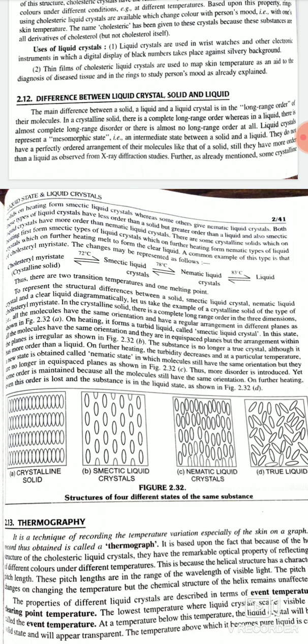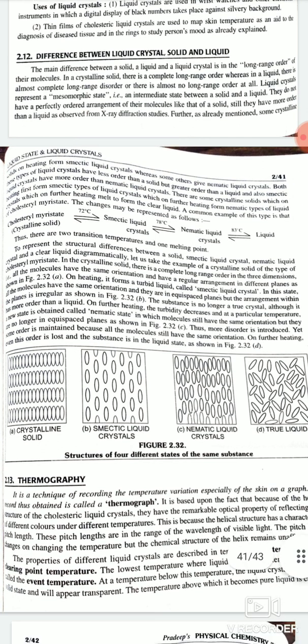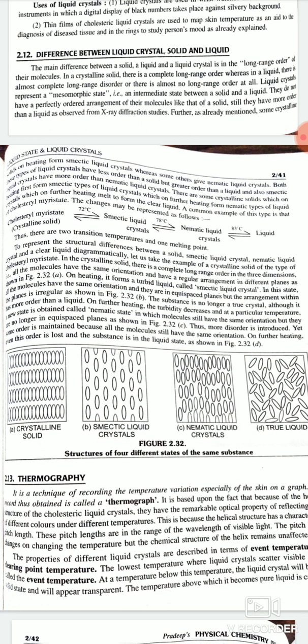On heating, it forms a turbid liquid called smectic liquid crystal. In this state, all the molecules have the same orientation as they are in equispaced planes, but the arrangement within the planes is irregular as shown. The substance is no longer a true crystal, although it has more order than a liquid. On further heating, the turbidity decreases and at a particular temperature, a new state is obtained called the nematic state.